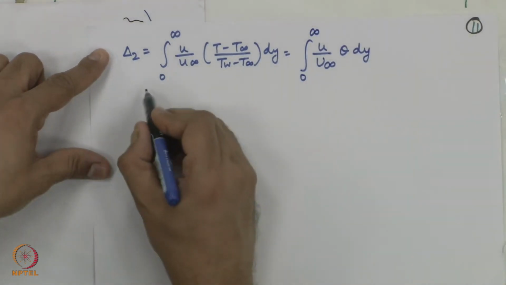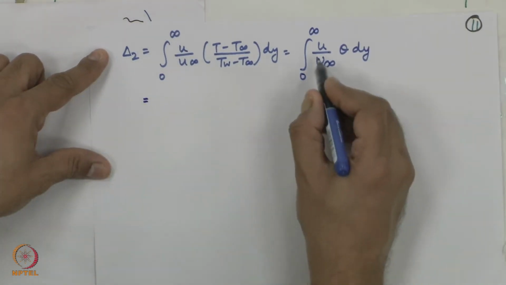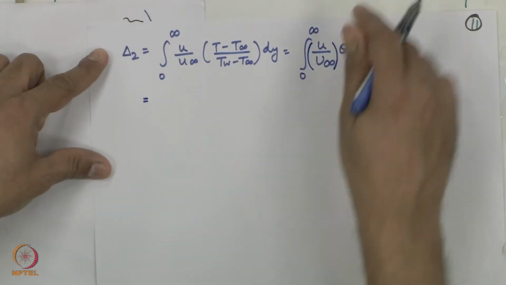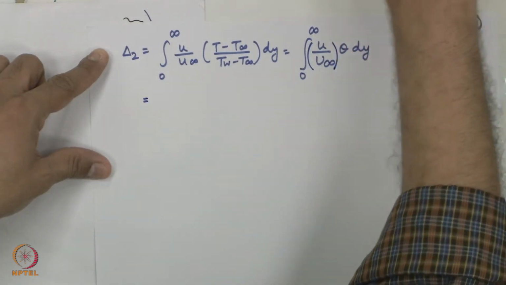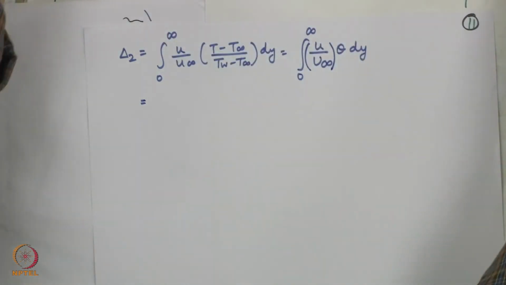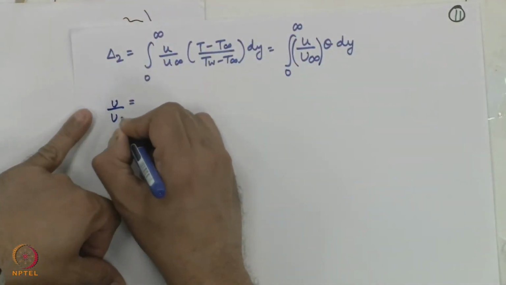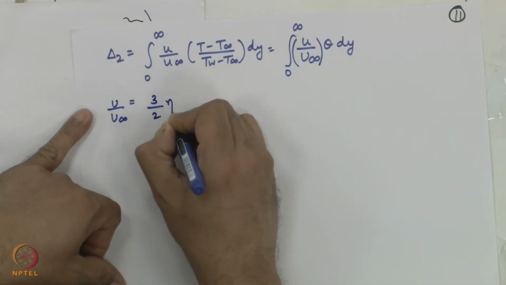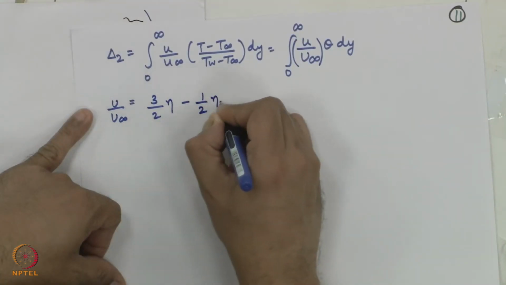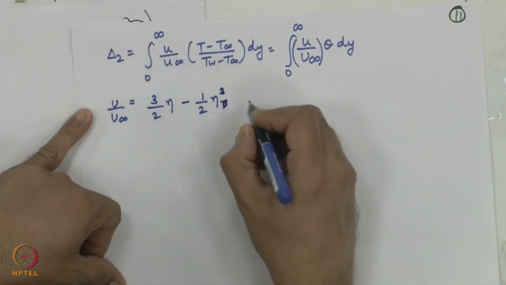So, I have u over u infinity from the hydrodynamic solution. U over u infinity from the hydrodynamic solution was 3 by 2 eta minus half eta cube.